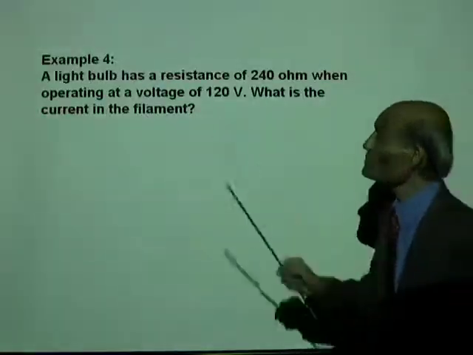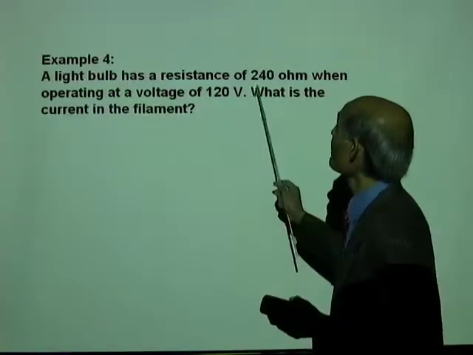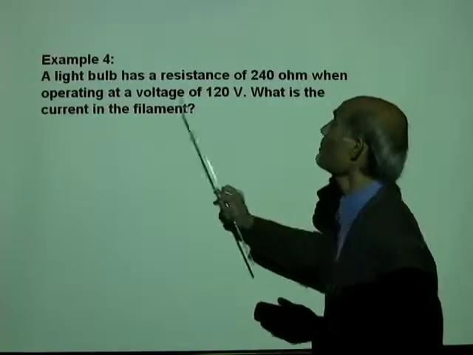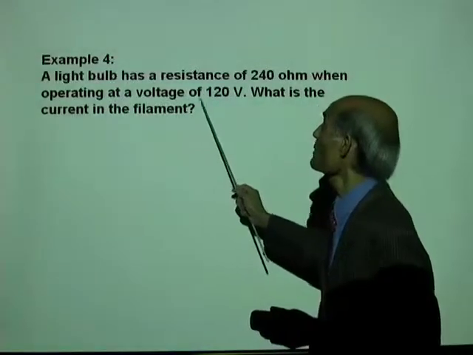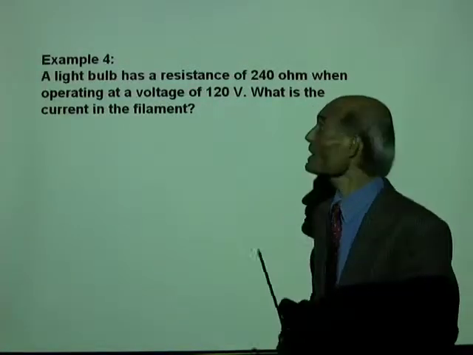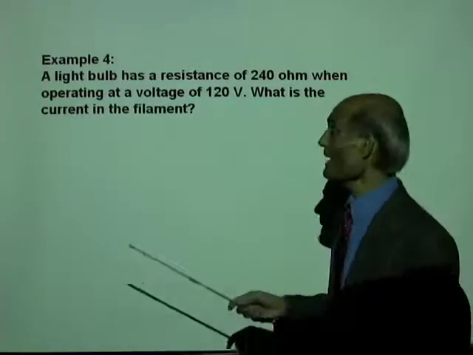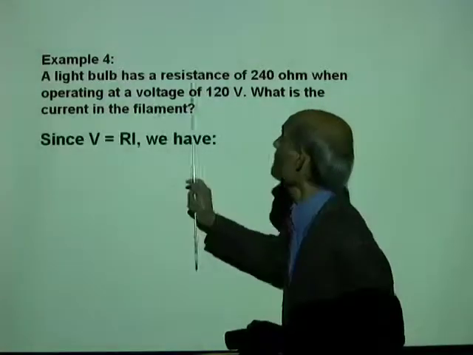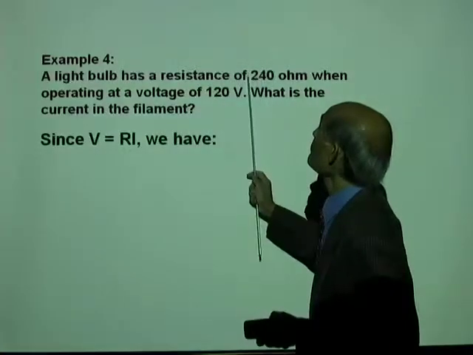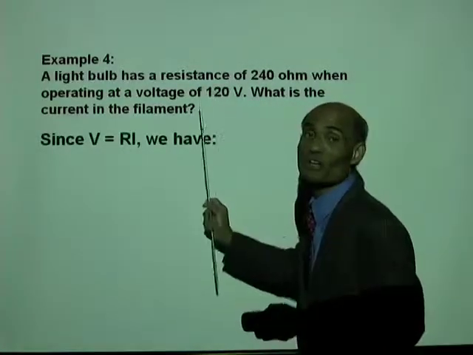Alright, let's do a small problem. A light bulb has a resistance of 240 ohm when operating at a voltage of 120 volts. What is the current in the filament? Well, you have the value of the resistance, you have the value of the potential difference.